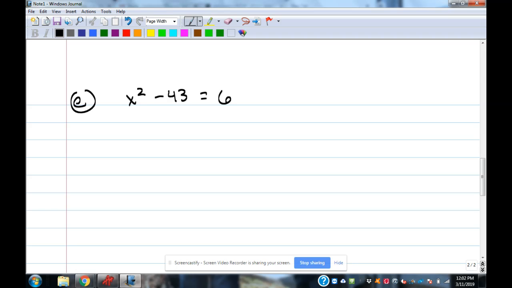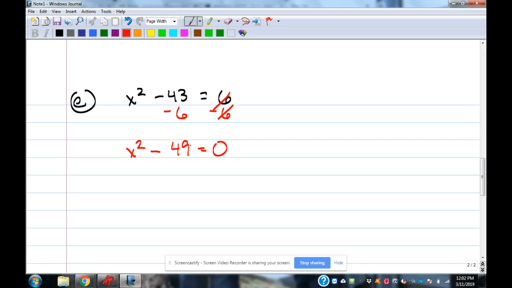If I subtract 6, is that a like term over here? 43 and 6 are both plain numbers, right? So I can put those together, right? So what's negative 43 minus 6? 49. So it'll be x squared minus 49 that I've got there.